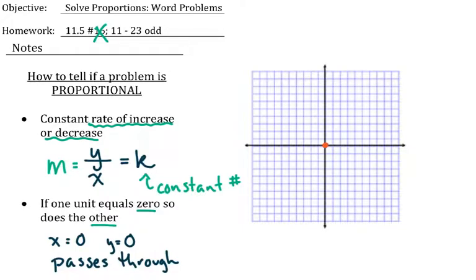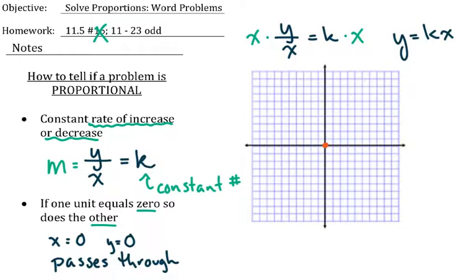Now, looking at our idea here, the constant is y over x equals k. If we multiply both sides by x, you can also write proportional relationships as y equals kx, which looks like our slope-intercept form, where it goes through 0.